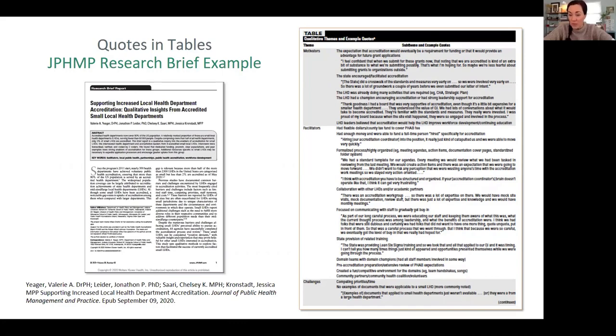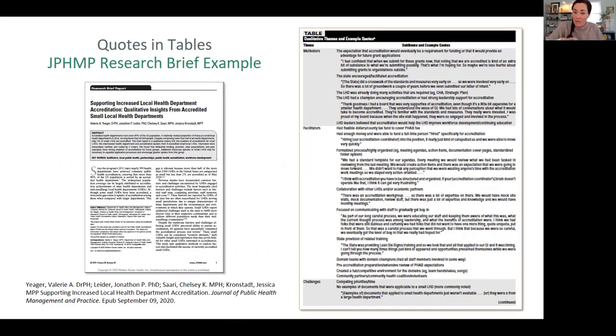Now, because of the way it was funded, we were only allowed to do 9 interviews, which is a relatively small sample. And so a research brief was appropriate. What you can see in this, and it's a little bit hard to see, is that I tried to put the one table I'm allowed to publish with a brief where I have my themes, which were identified through the coding.